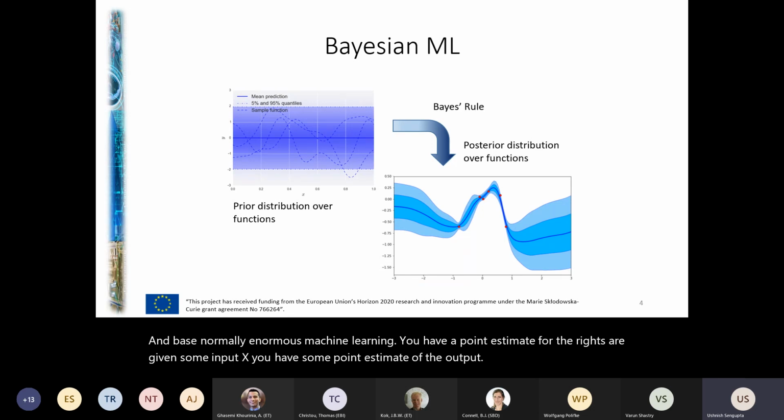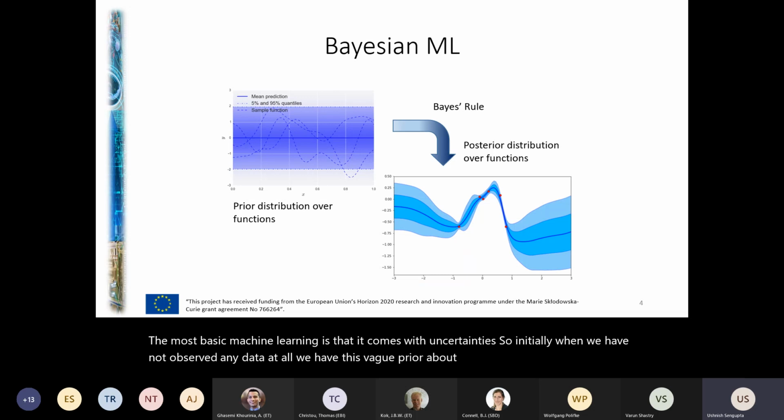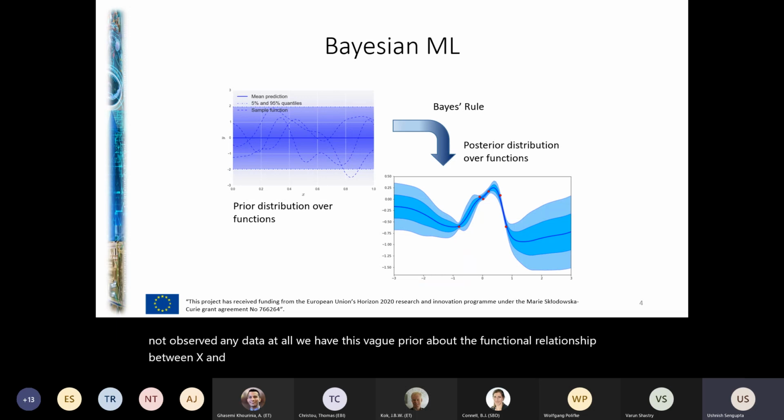The thing about Bayesian machine learning is that it comes with uncertainties. Initially, when we have not observed any data at all, we have a vague prior about the functional relationship between x and y. That's shown on the left, and that's our prior distribution.